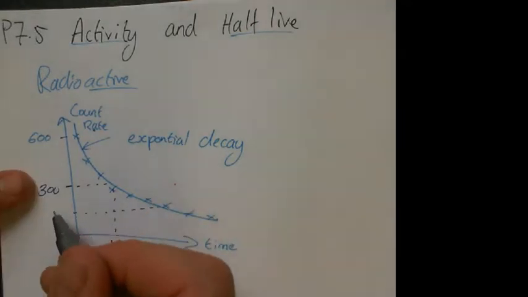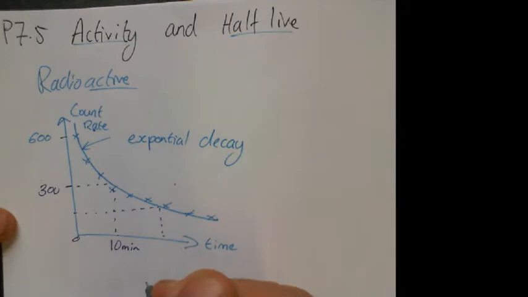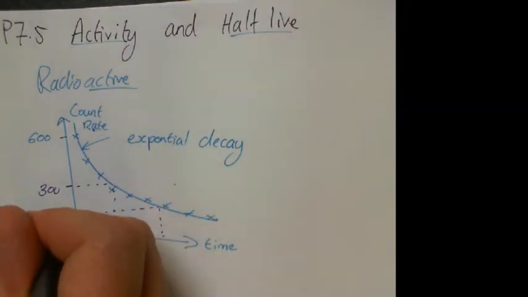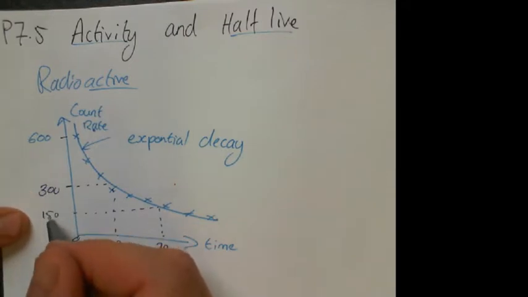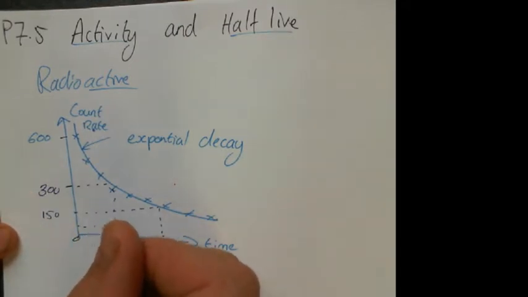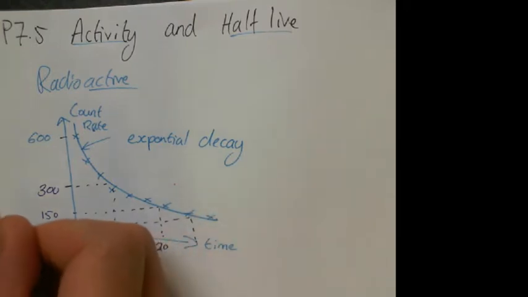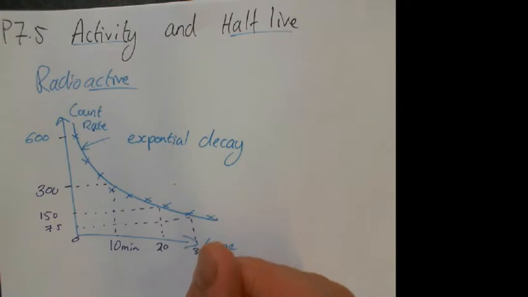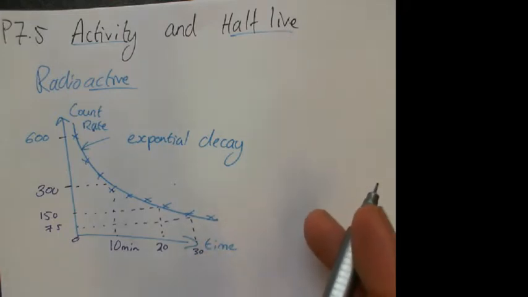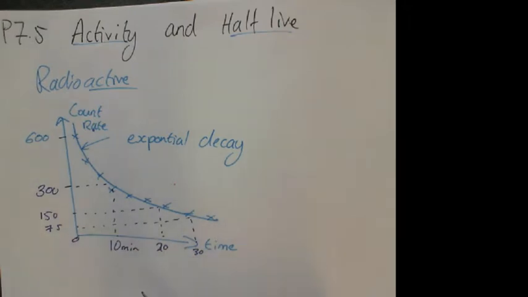So after 10 minutes, it went from 600 to 300. After another 10 minutes, it will go from 300 to 150. And then after another 10 minutes, it would go to 75. So that means I know how many will be left after a certain amount of time.